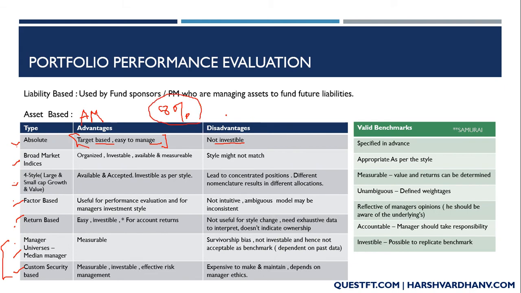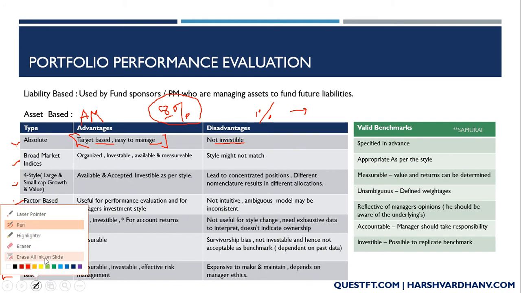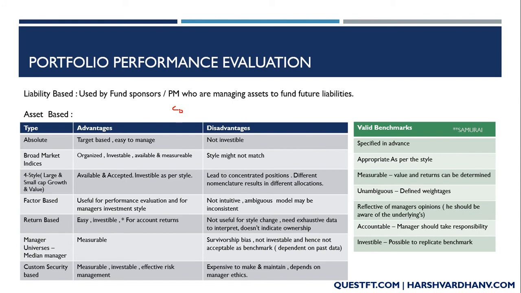Because you're not telling him that you need 1% more than what Nifty is giving, or 0.5 basis more than what S&P is giving. You're telling him that you need an 8% benchmark. Since it's an absolute benchmark, 8% does not define anything. So it's not investable for the general public or other fund managers or peer groups, because you might not have the same situation, and you always need comparability with the market forces, right?